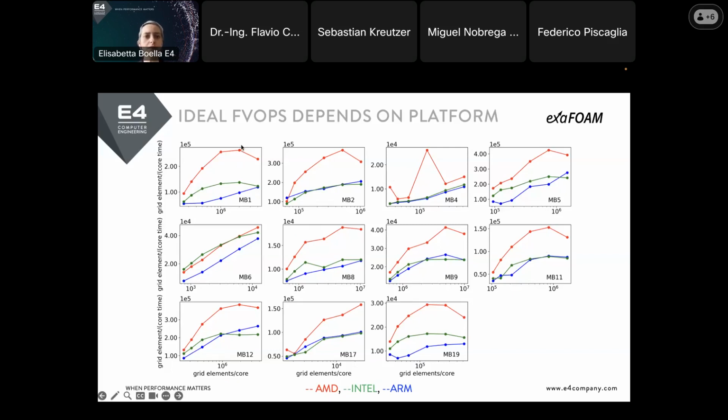So this should be the optimal number of grid elements per core, i.e. MPI tasks, to launch. It's interesting to notice that this local maximum depends on the architecture, besides on the microbenchmark, which was trivial. Also again, what this plot tells us is that AMD is where OpenFOAM performs better, given shorter time to solution.